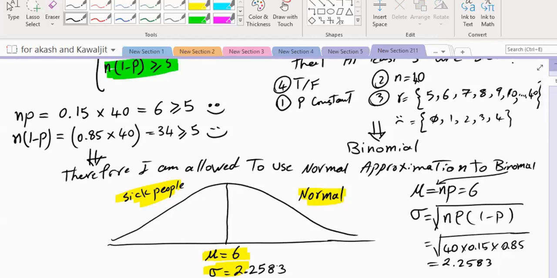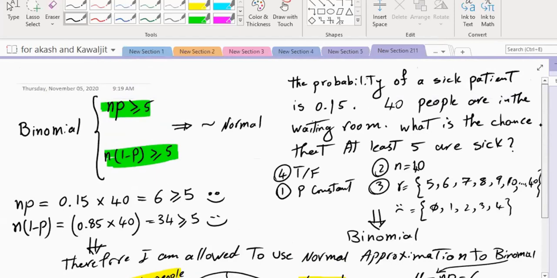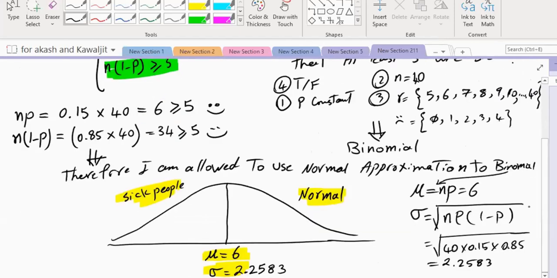The only tricky point here is that the question says at least 5. So the point of interest is 5, right? Let's say this is 5. And if it is at least 5, it means more than 5, right?